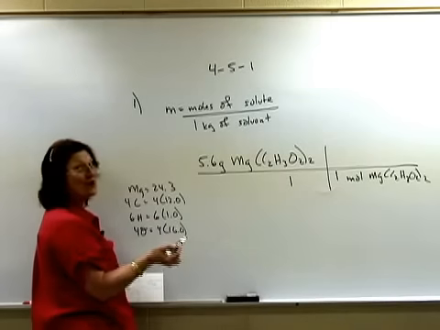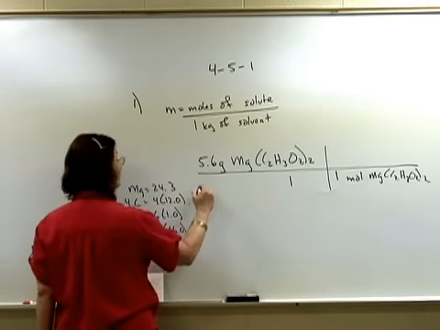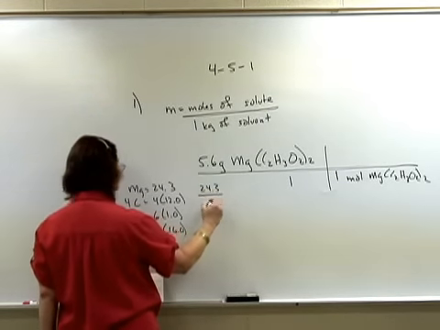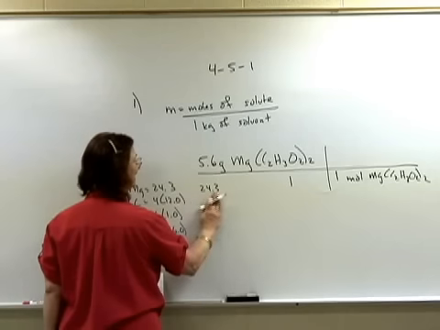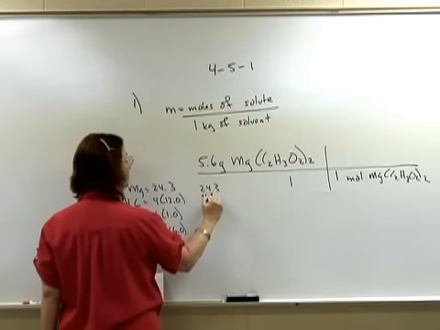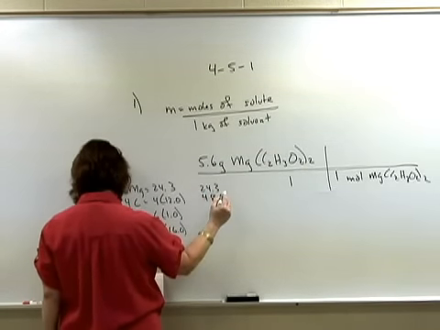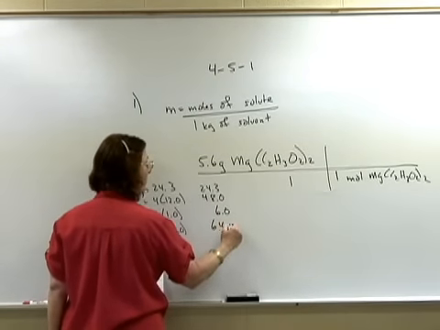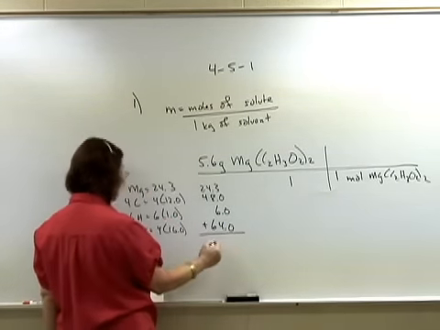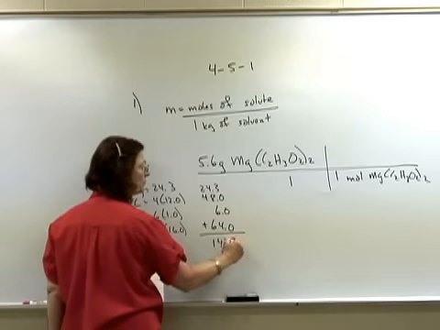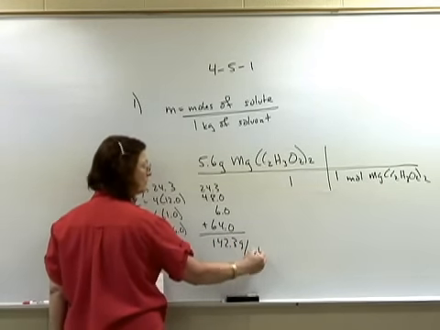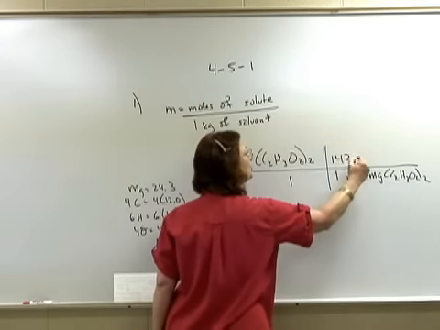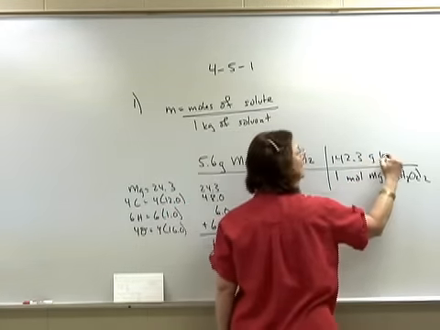And then, of course, you know I always do the math again. I have 24.3 and 48.0, and 6, and 64. And when I add these numbers up, I get a total AMU of 142.3 grams per mole. 142.3 grams of magnesium acetate.